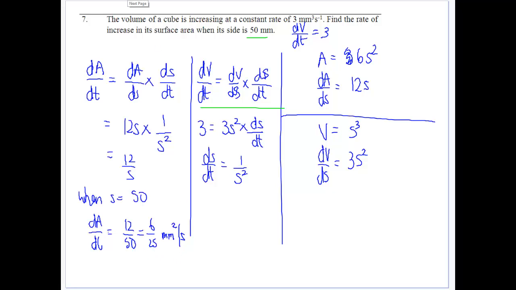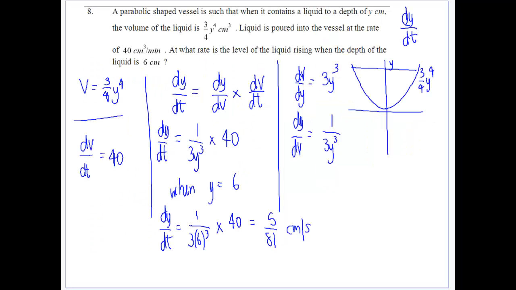So just be wary of what type of manipulations you can do. It's all manipulating the chain rule to give us an expression that we can then do a substitution for the side to get us an answer for the area and its rate of change.